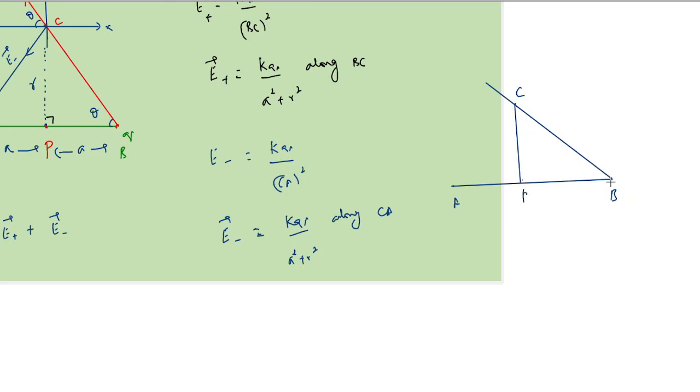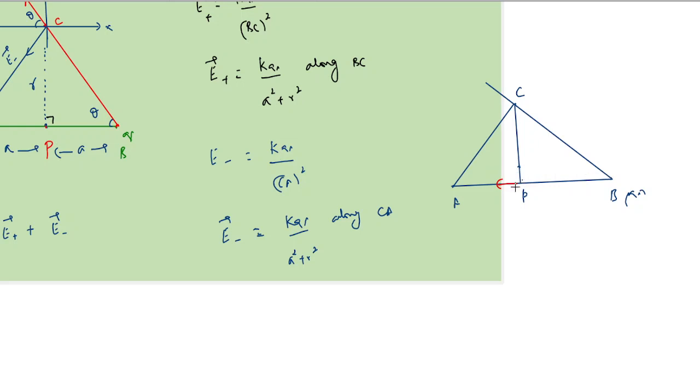The field which the charge at point B, which is plus q, creates would be going like this. Suppose the point C is somewhere here, then the field from here will go like this, so the angle it makes with x would be some angle here.